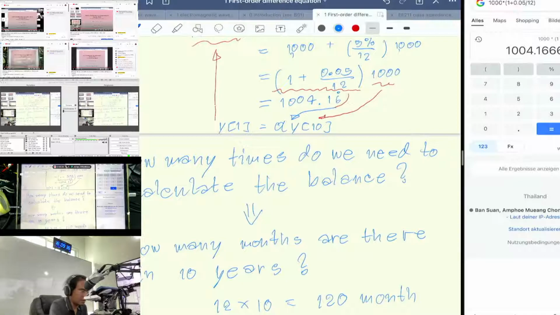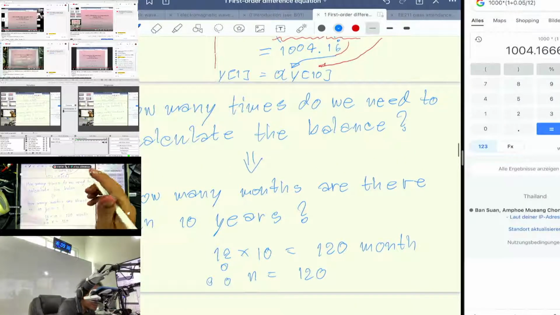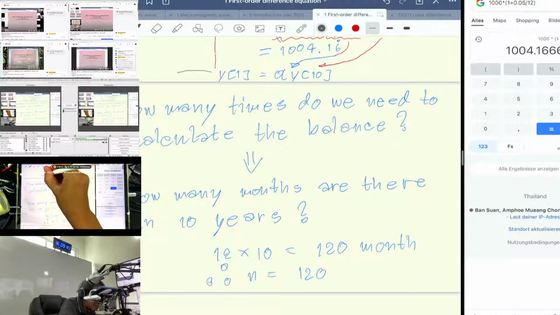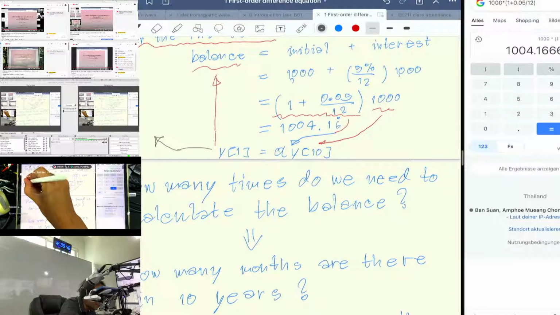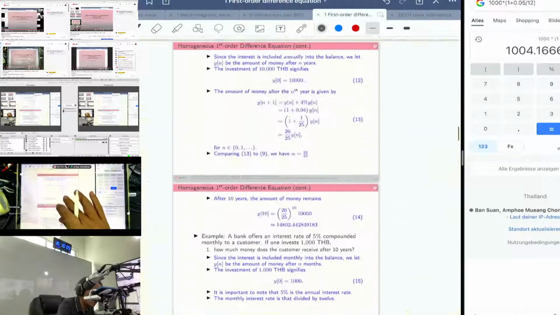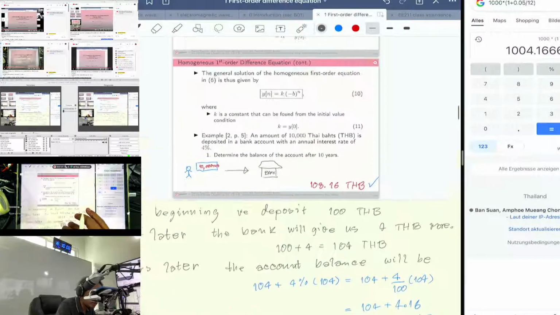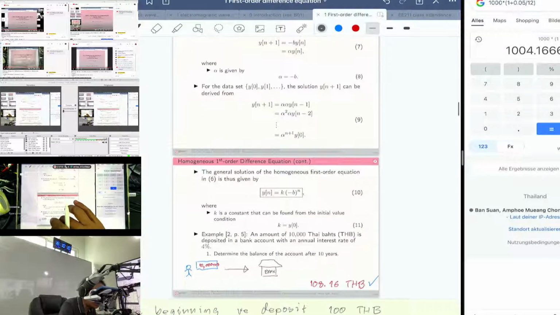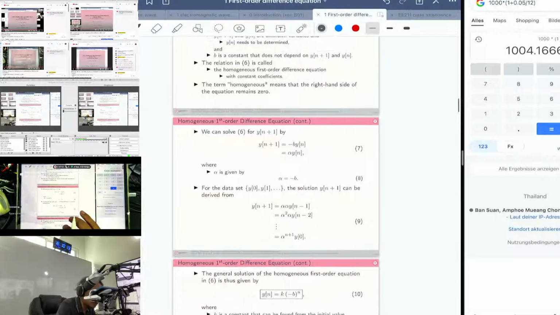And with this relation, we're gonna get yn plus 1. Oh no, yn, right? Yn will be equal to alpha raised to n, and yn plus 1, I think, right? Yeah, alpha to n plus 1.